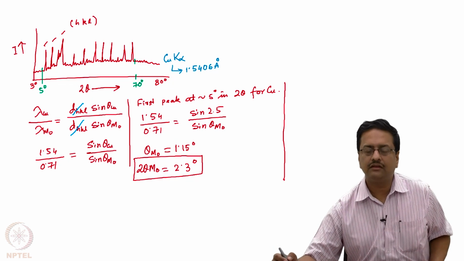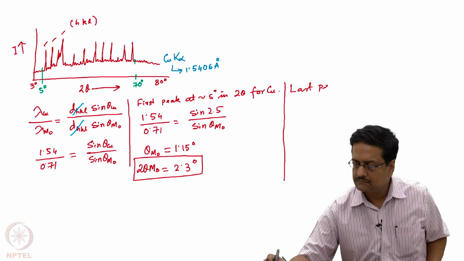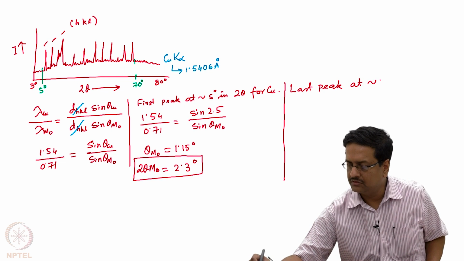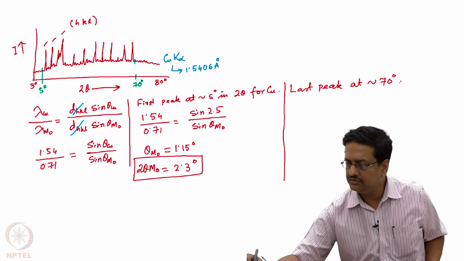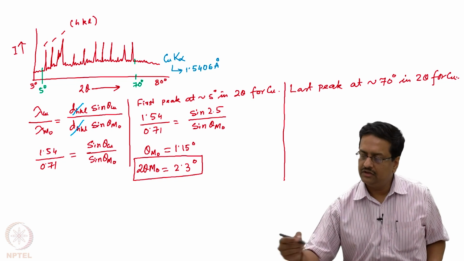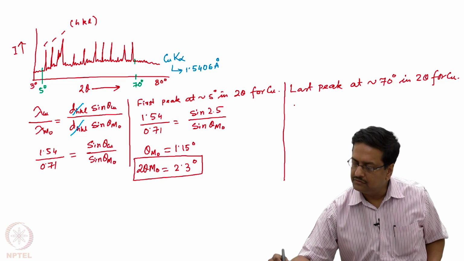Similarly, the last peak for copper K alpha radiation is at about 70 degrees in 2 theta. Again we apply the same method at this last peak.